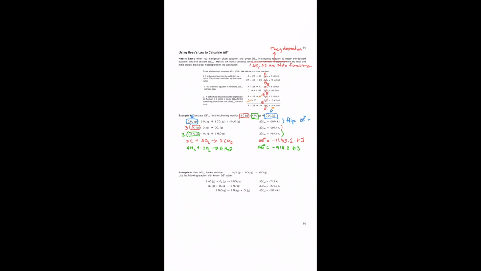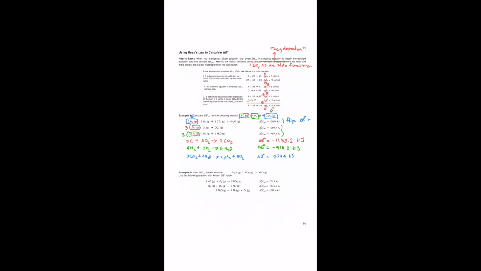When you flip equation 1, you will get 3 carbon dioxide plus 4 water become 1 propane gas plus 5 oxygen gas, and the delta G value from equation 1 will be flipped into a positive value of 2074 kilojoule. Next, you will need to combine these 3 equations that we just manipulated.